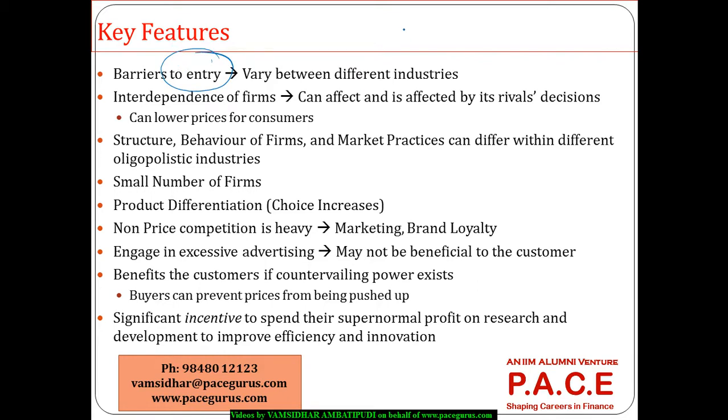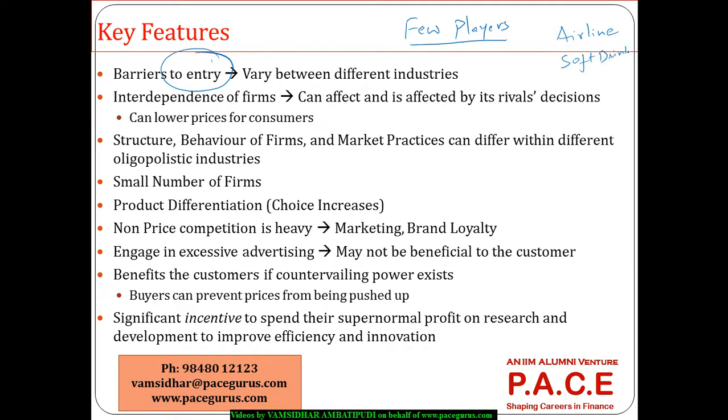First of all, we know that there are very few players in any oligopolistic market, right? Very few notable players. You can talk about the airline industry, or a soft drink industry.